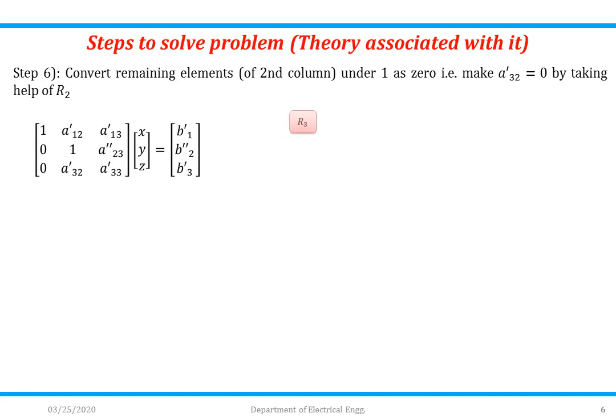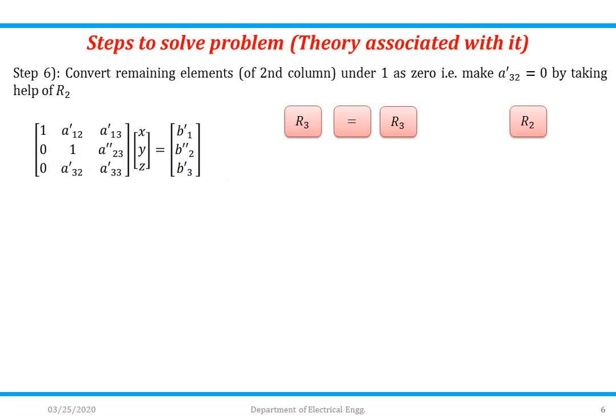Again, I need to make a change at which element? A-32 means this is at row 3. So here I have written row 3 equal to row 3. Now I want to take help of this element, which is at position R2. So I have written R2 here. Now what is this value? A dash 32.